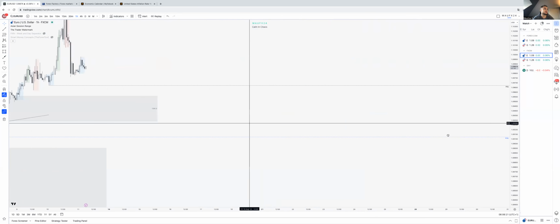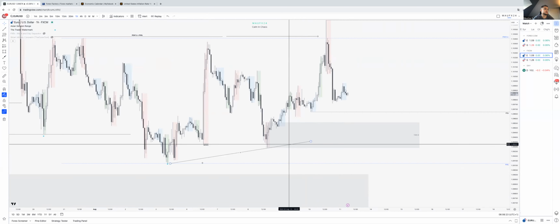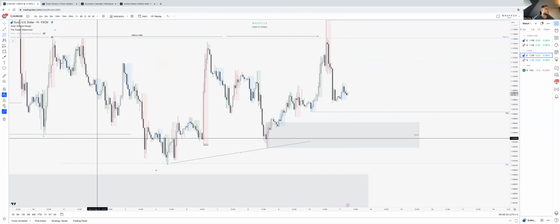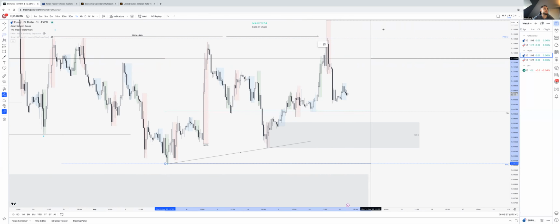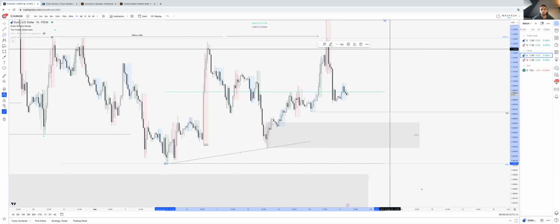If I look at this as a break, then this is my leg. This is my range. Hold up, I gotta write something down real quick. Price range.